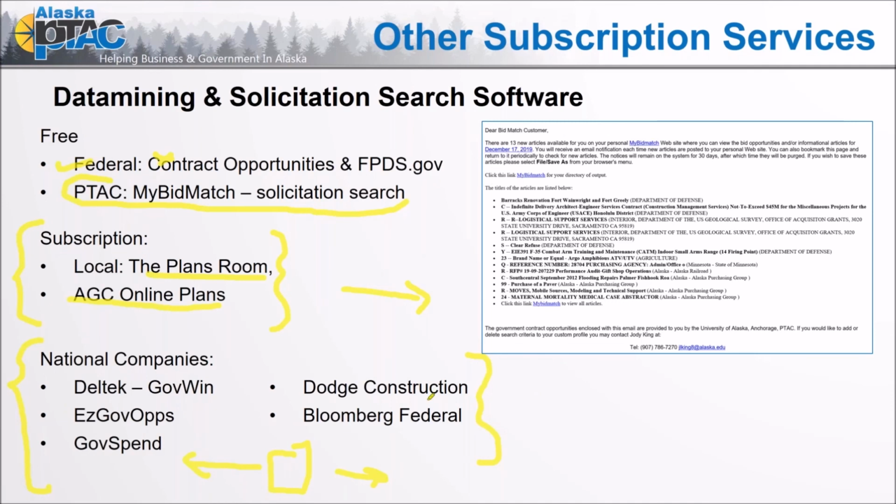Again, most of these are modular based. You can pay for as little or as much as you want, but you are hiring someone else to go find that information for you, and you get a consultant working with you as part of those subscription costs. So there are a lot of different options if you are having difficulties with contract opportunities and you're looking for a different route to go.